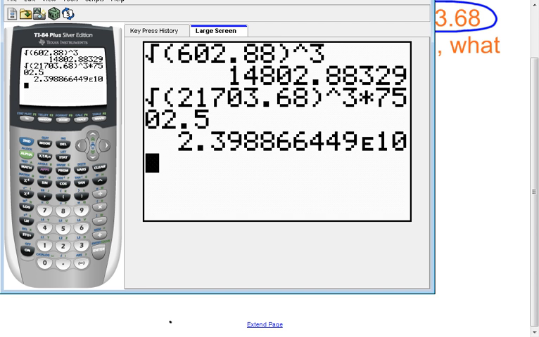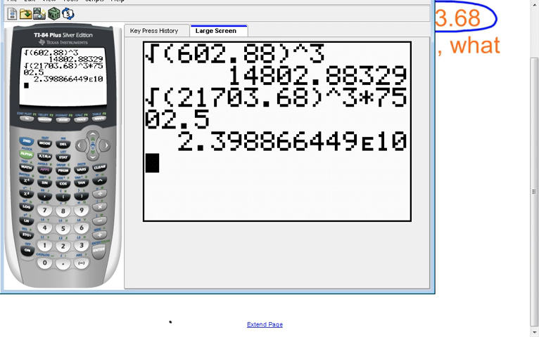That e means I have to multiply it by 10 to the 10th. So I have this huge number there. You can see it there, so I'll start writing down digits here.